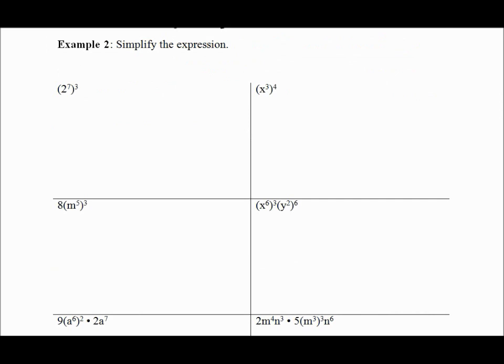My first one, I have 2 to the second raised to the third power. Well, what did the rule say to do? The rule was very simple. It says to multiply the exponents. So this becomes 2 to the 2 times 3. And 2 times 3 is 6.